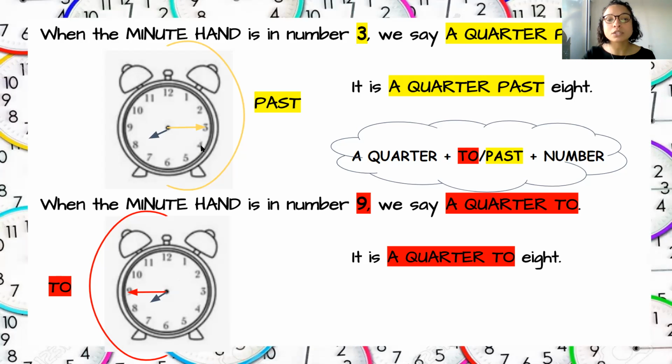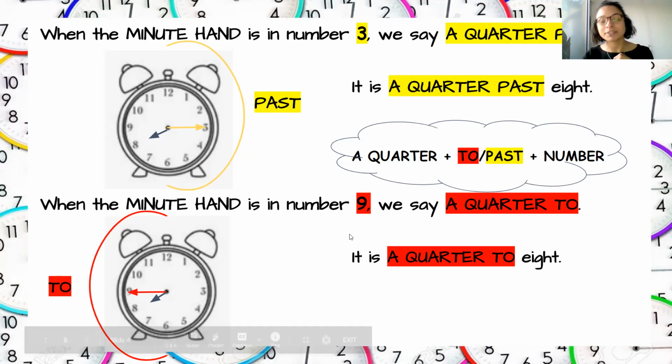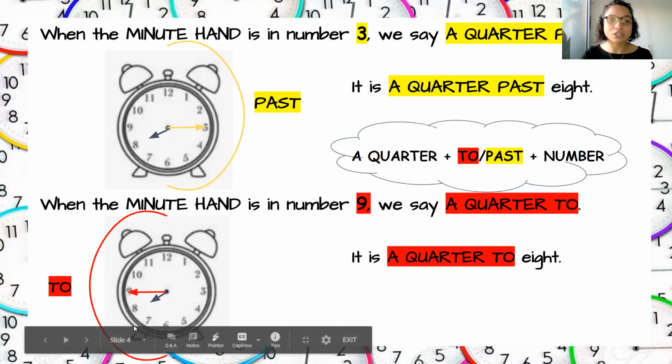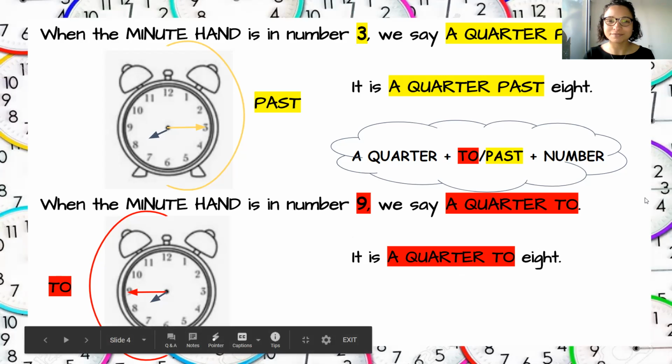So a quarter past, and then we take a look at the short hand, 8. And then let's do the same with this one. We start with a quarter to or past. Here it's to. A quarter to what time is it going to be? Well, here it's going to be 8. So it is 7:45. It is going to be 8 o'clock.